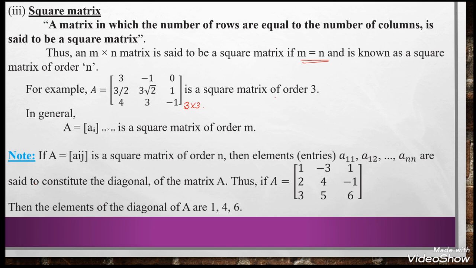Here the entries are first row first column, second row second column, third row third column, where i equals j. These elements are called diagonal elements. 1, 4, 6 are the diagonal elements of the given matrix A.